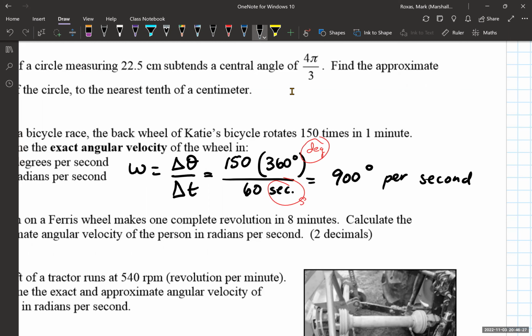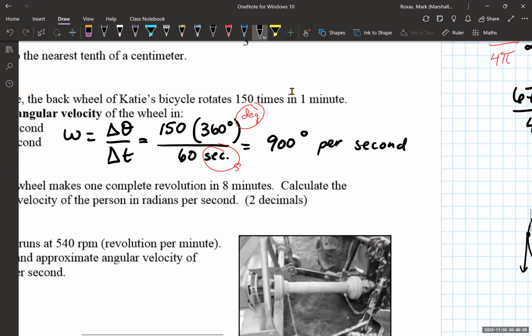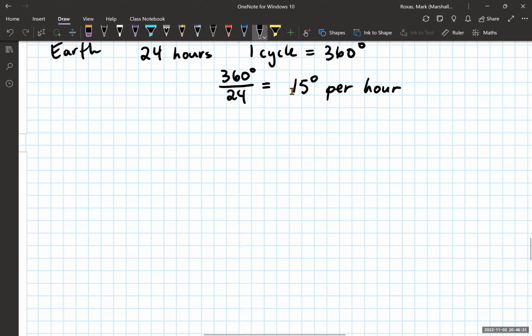Now, what if I was to do this in radians? Radians per second. So my angular velocity would be 150 times, what is the angle in radians for one rotation? We know that is 2 pi, the circumference of a circle. In radians, the angle going around the circle is 2 pi radians. So 150 times 2 pi divided by 60 seconds.